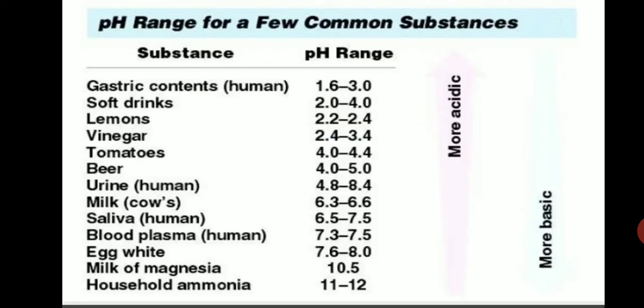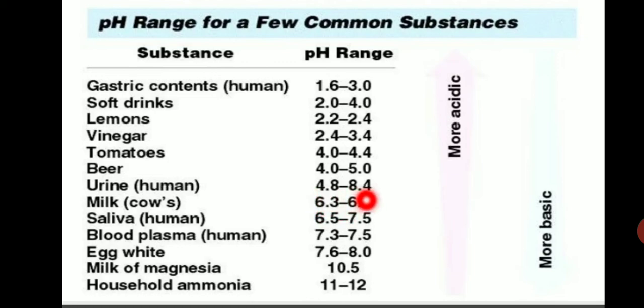Okay, just mention some of the substances. Gastric juice, I told you, is 1.6 to 3. Soft drinks, lemon, vinegar, tomato, beer contain the range 4 to 5. Acidic character is more in beer. Okay, urine contains 4.8 to 8.4.